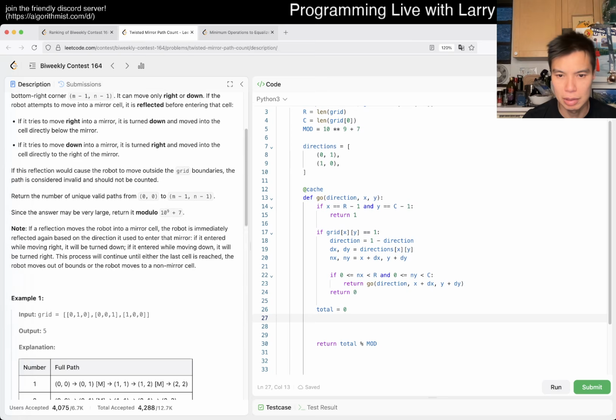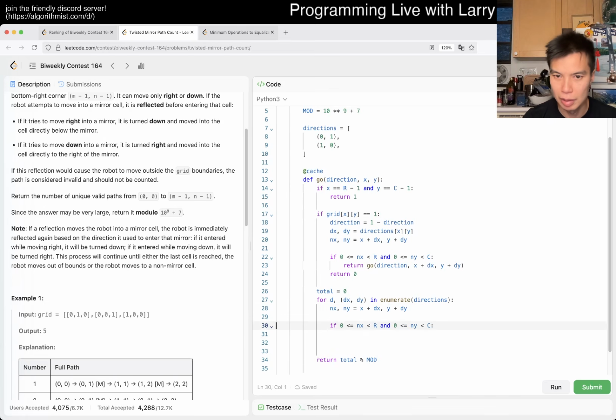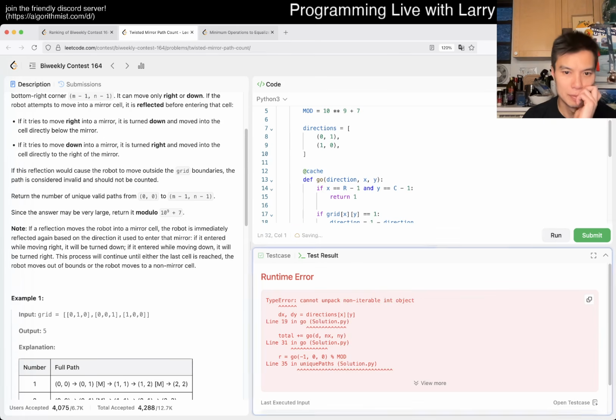Okay, that's good. So then you just do for dx dy in direction. This is why you like to do it that way, so you can sometimes copy and paste. Okay, then total go d and x and y, and also I lied because this, yep, and that's it. Hopefully.